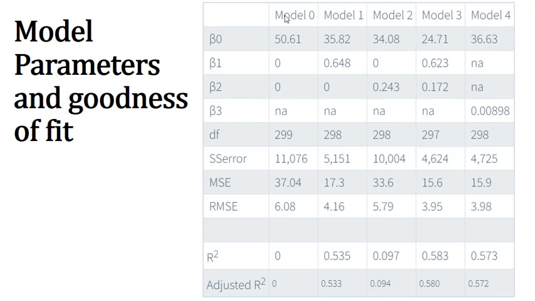So basically for model 0, the best value for the parameter beta 0 is 50.61. And as we indicated, beta 1 and beta 2 were fixed to 0. There was no estimation. Beta 3 was not even in the model.